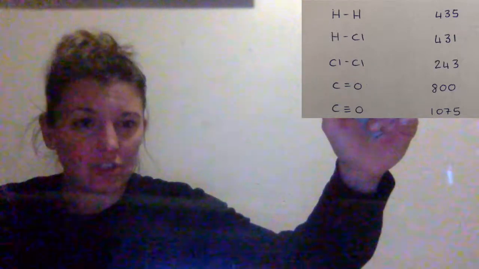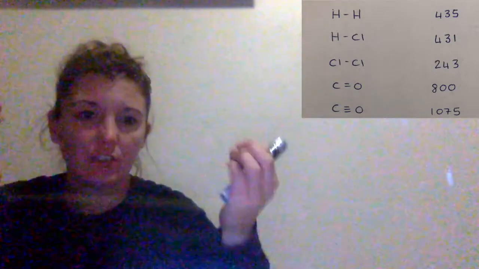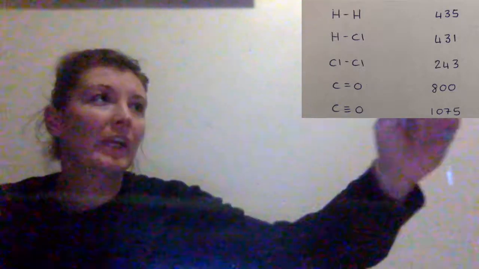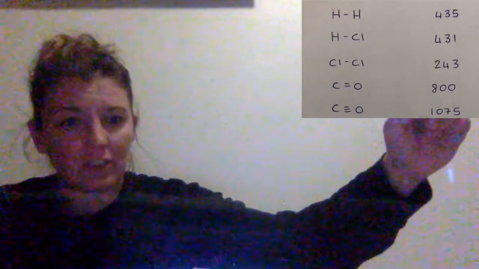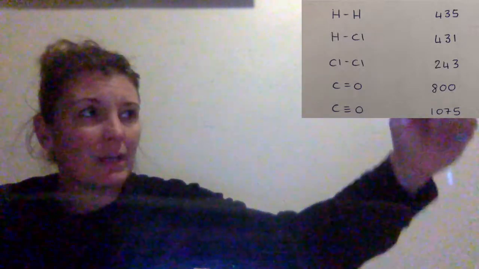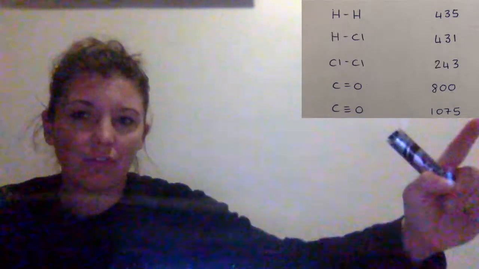If we want to make an H2 molecule, if we want to take two H's and squash them together, we will release 435 kilojoules per mole of energy. So this amount of energy is universal for either breaking or making bonds.